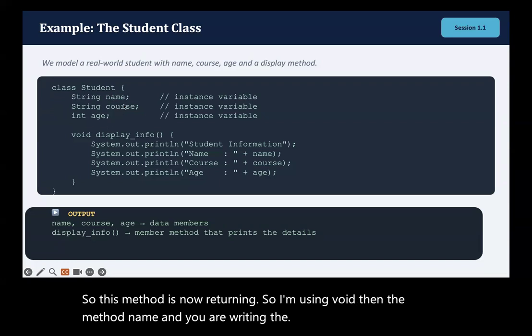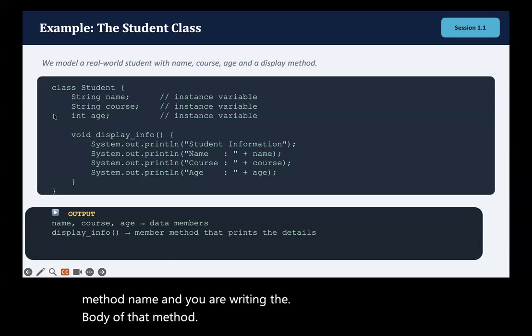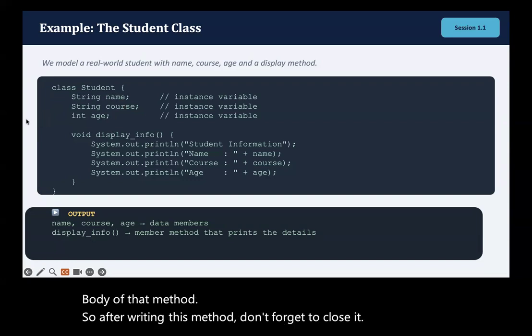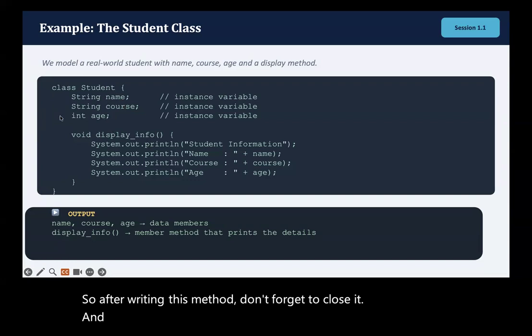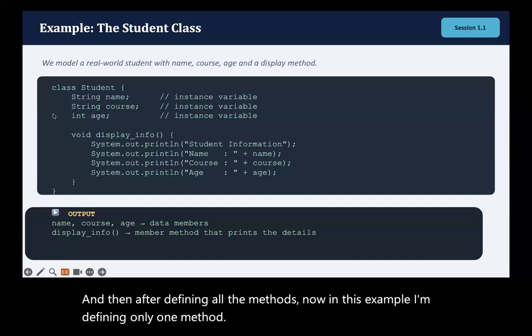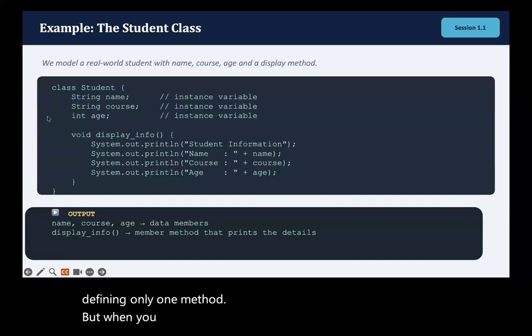After writing this method, don't forget to close it. And after defining all the methods, now in this example, I'm defining only one method. But when you are developing an application, you will have n number of methods.